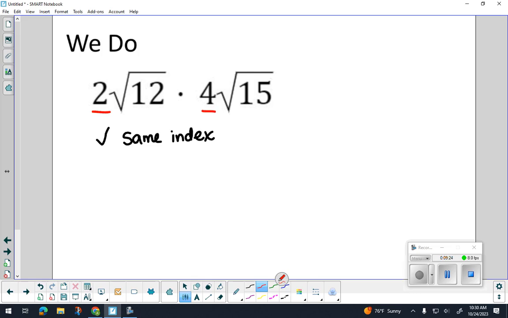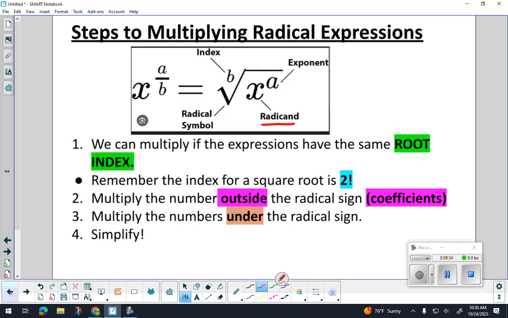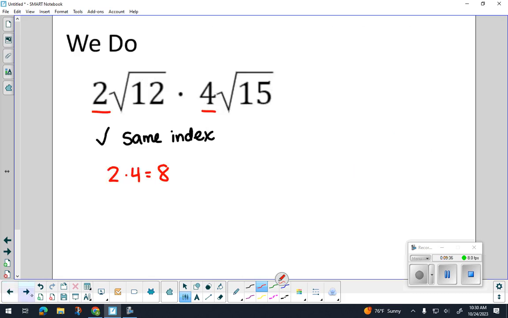That's that 2 and that 4. What's 2 times 4, y'all? I hope y'all know. 8. Our next step says to multiply the numbers underneath the radical sign. That's 12 and that's 15. That's kind of big. Y'all might need that calculator, but I don't really need a calculator. I can do some mental math.